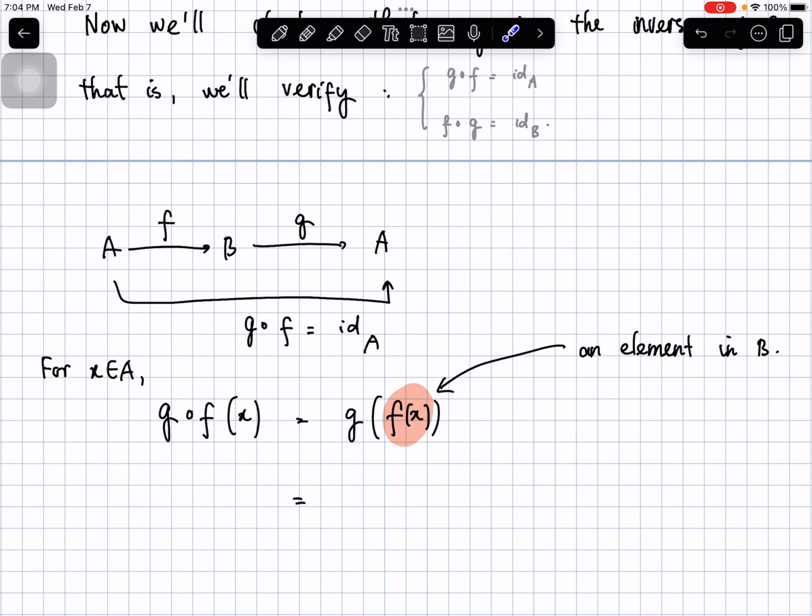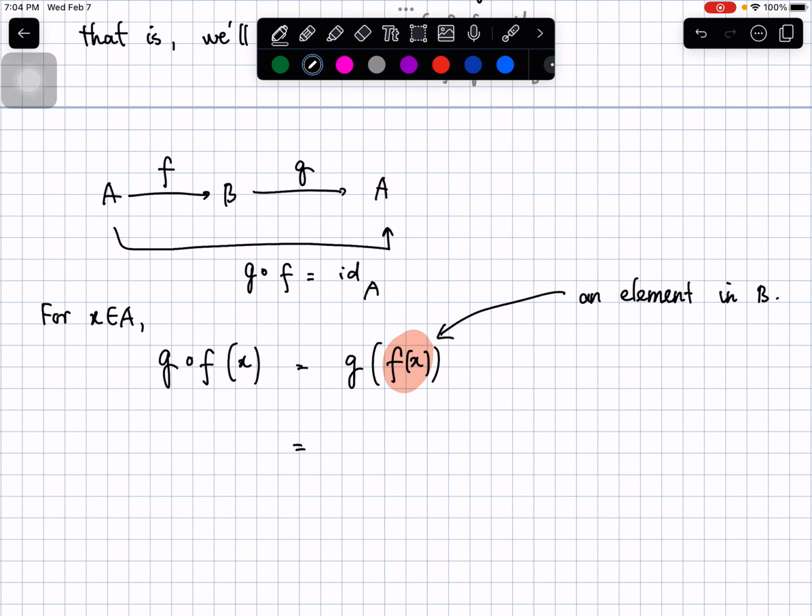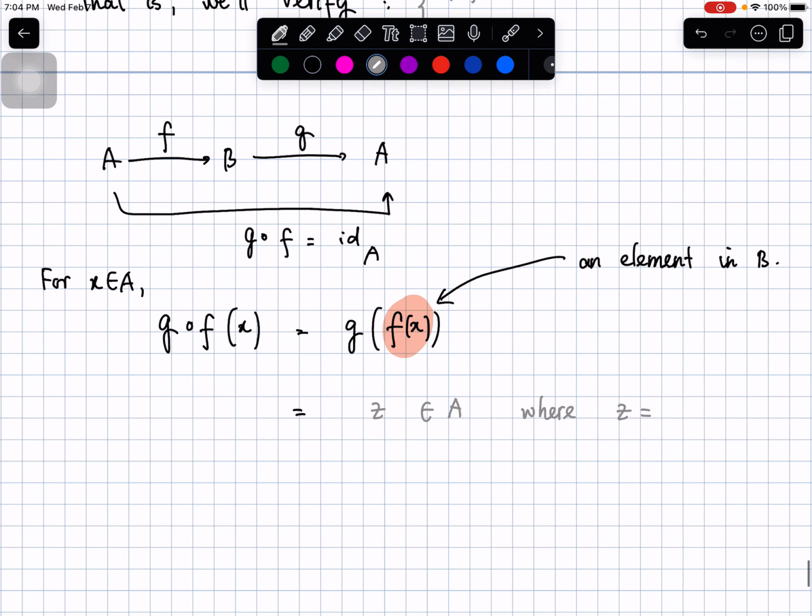Let me call it z. For the moment, just say z in A, where f of z is this exact point, the element in B, f of x.